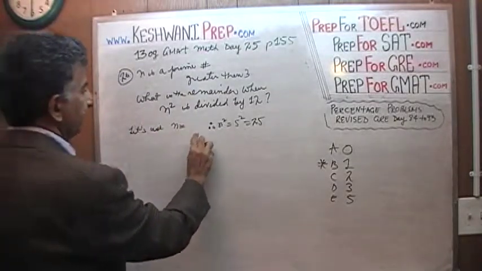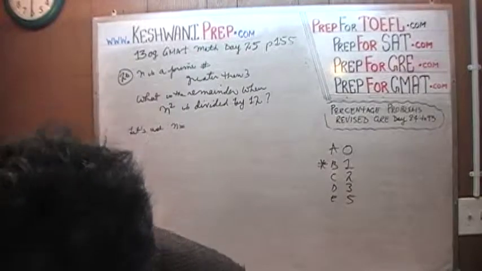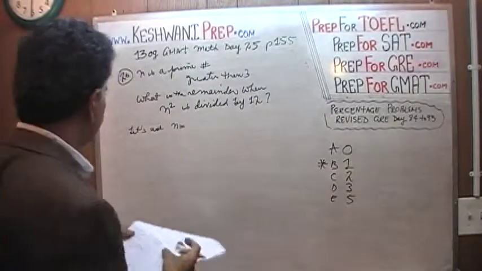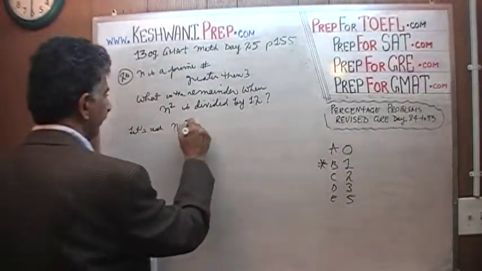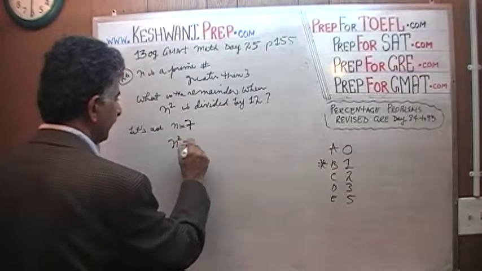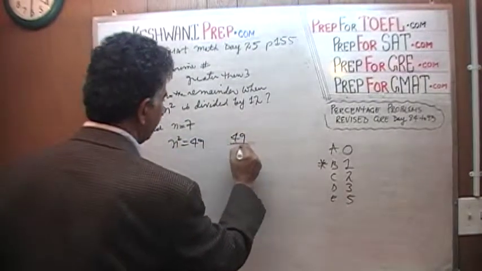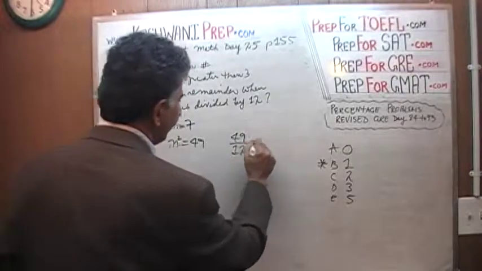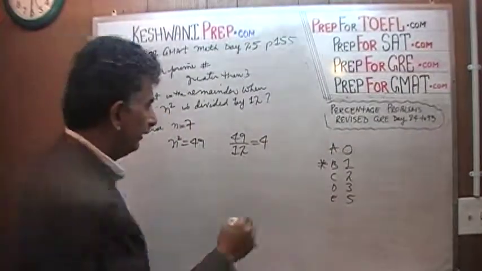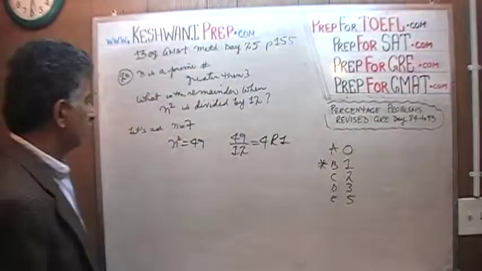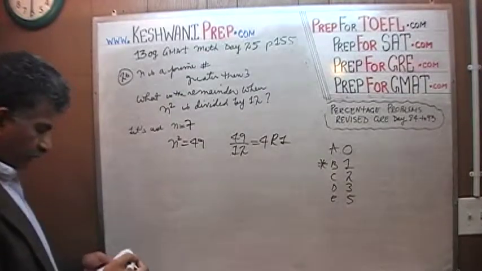Let's try 7, shall we? Let's use n equal to 7. So n squared would be 49. 49 divided by 12: 4 12s are 48, and the remainder is 1. What do you know? Let's use one more if you like.